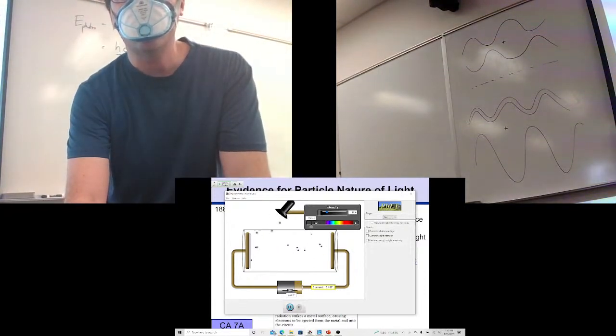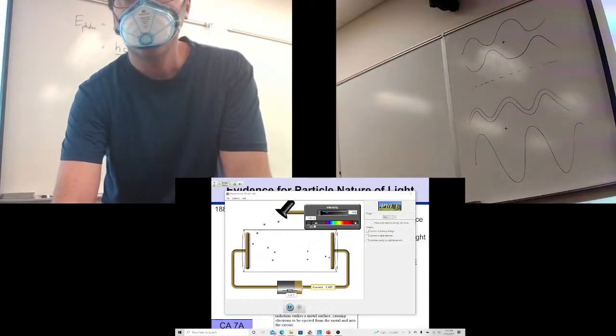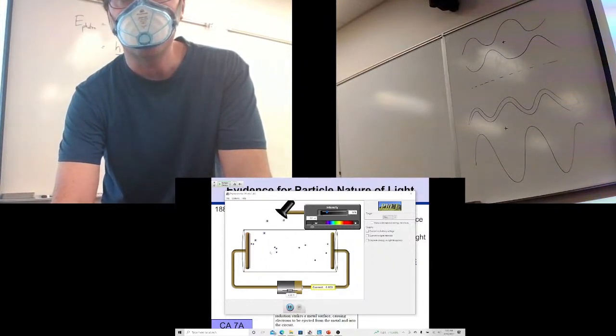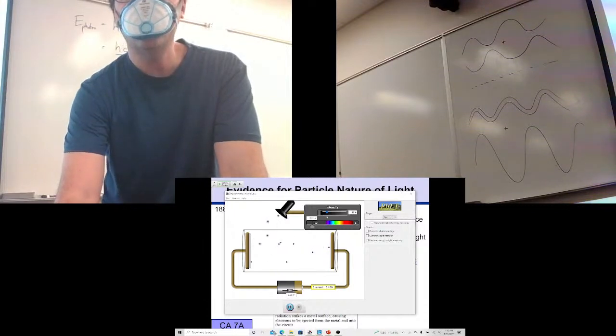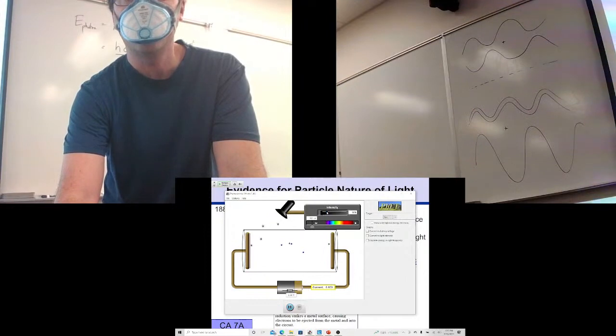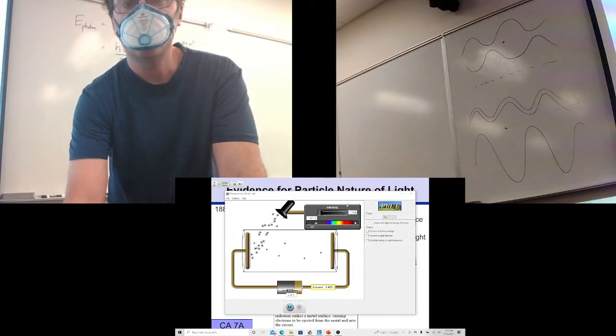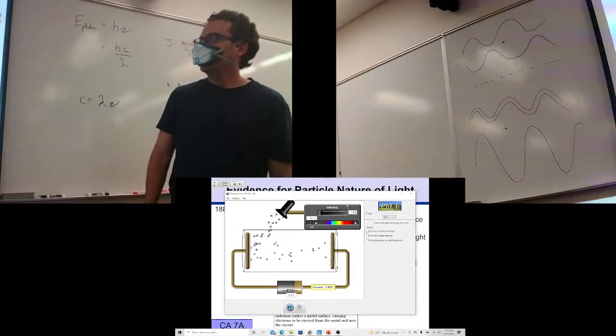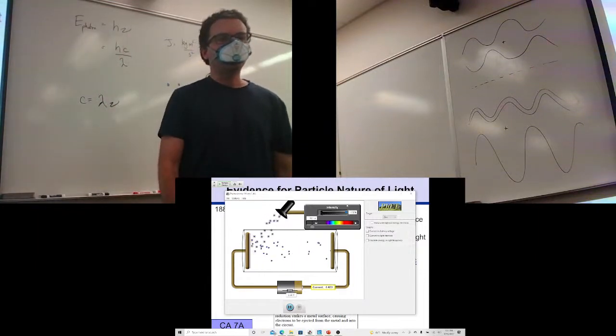So for instance, let me turn this a tiny bit down so they're not going too fast. If I turn the intensity up, notice how many photons hit and notice how many electrons come out. I turn the intensity up way high, and now there's a lot more electrons coming out.